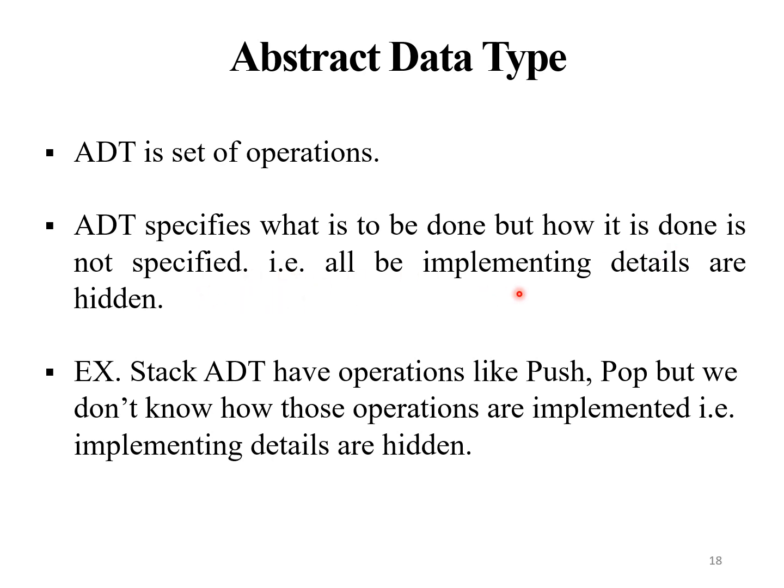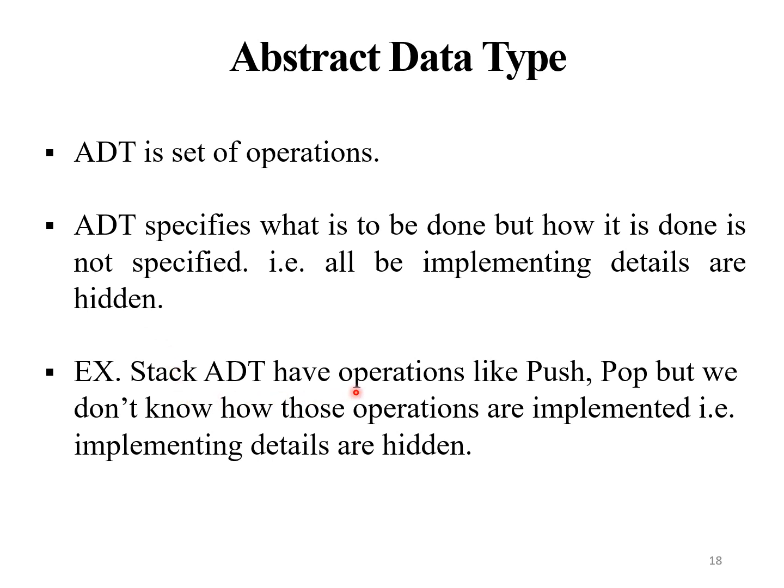That is, all the implementing details are hidden. For example, we can drive a bike, but we don't know how the components like gear, clutch are implemented. So the background details are hidden. So this is called abstraction.